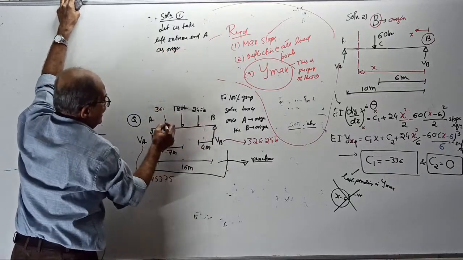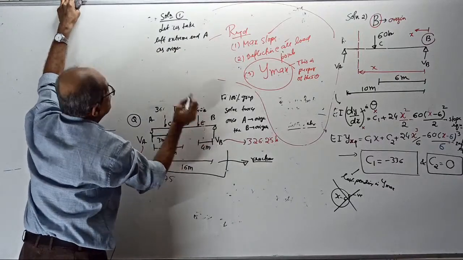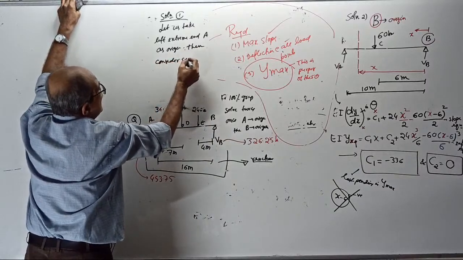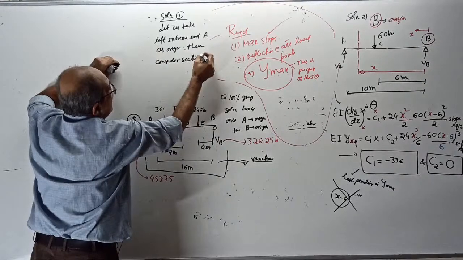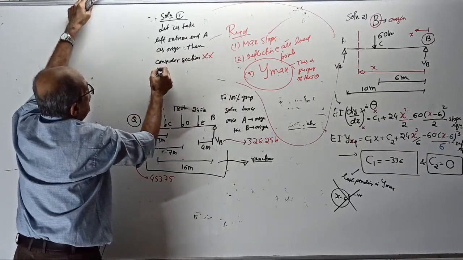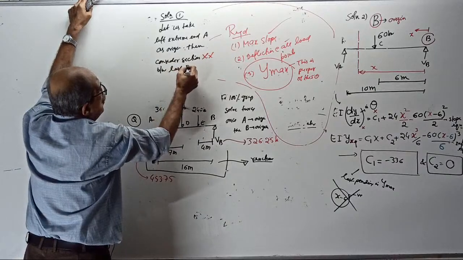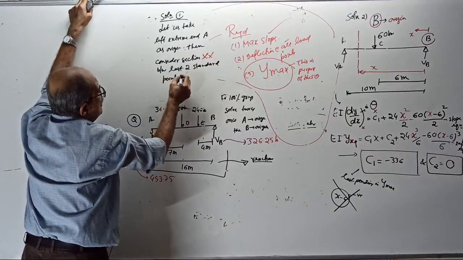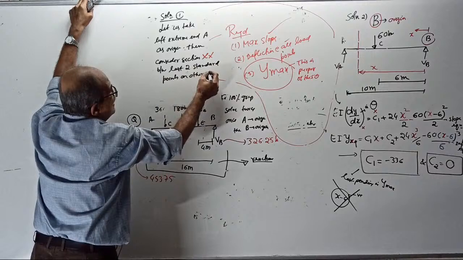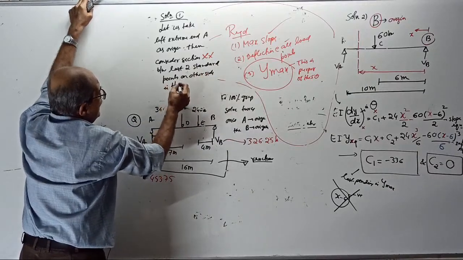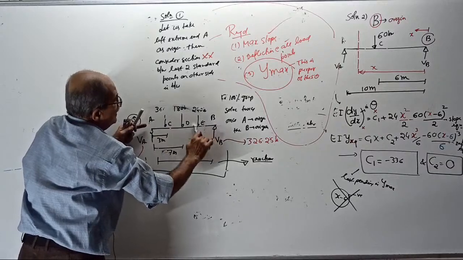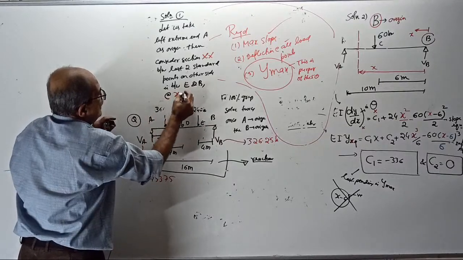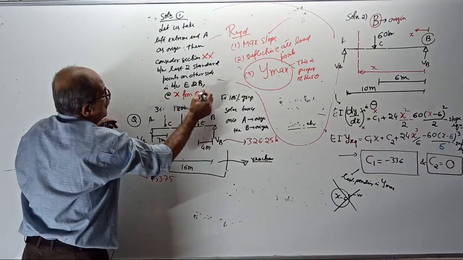See, A, B, let it be C, D and E. Then consider section XX between last two standard points on other side, that is between, if I take A origin, E and B, at X from origin A.